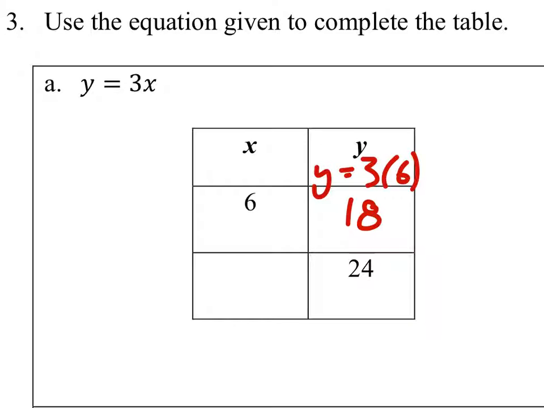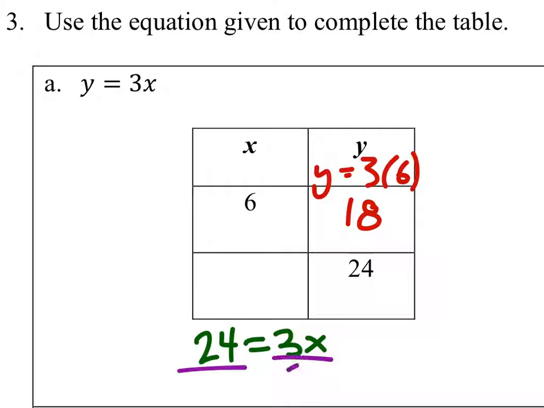Let's write the equation first. We got y equals 3 times the x, but it shows y is 24. So I'm going to replace y with 24. Now this is an equation, which I think was unit 3 for us, which means we're just going to solve this like we would a regular equation. How would we solve this?